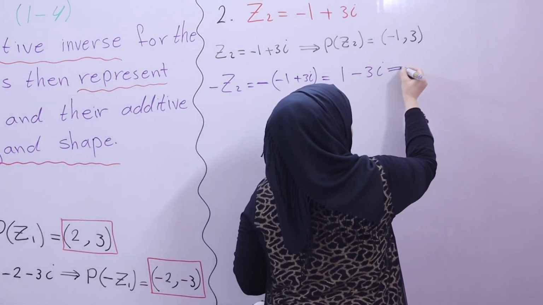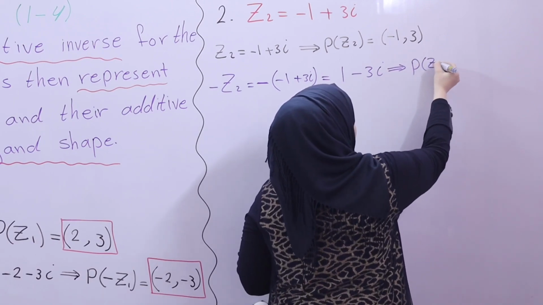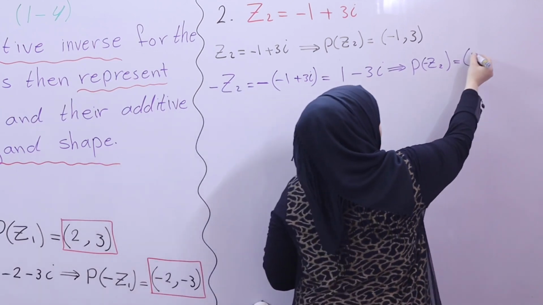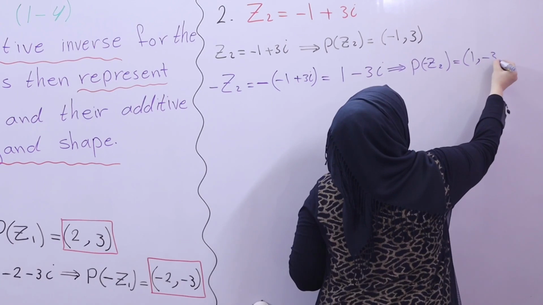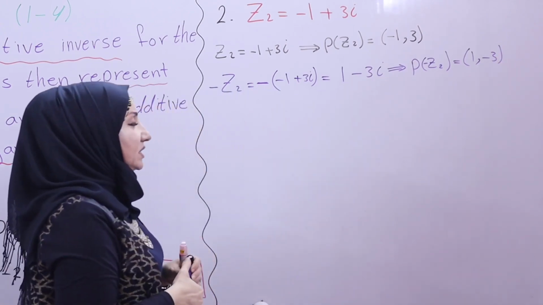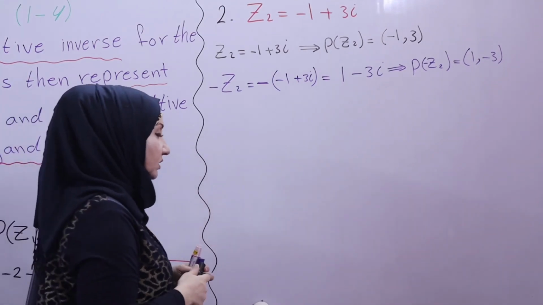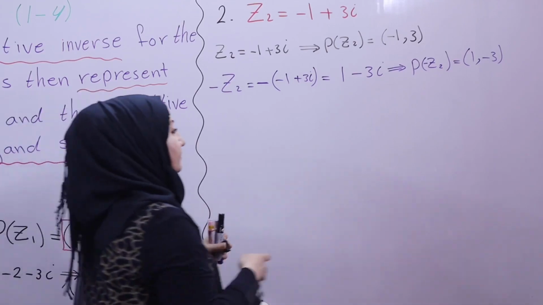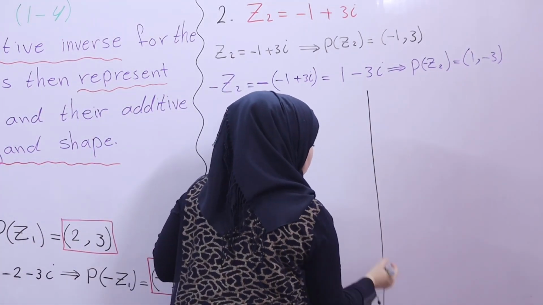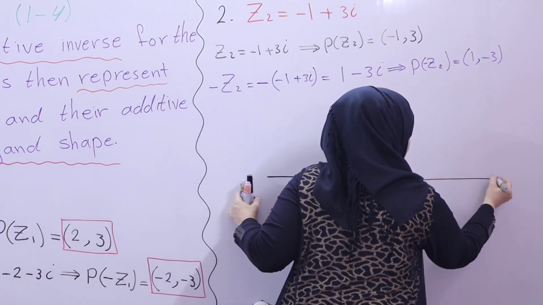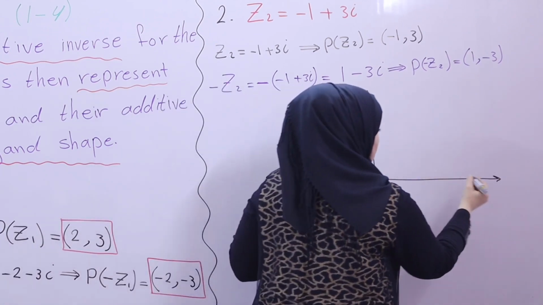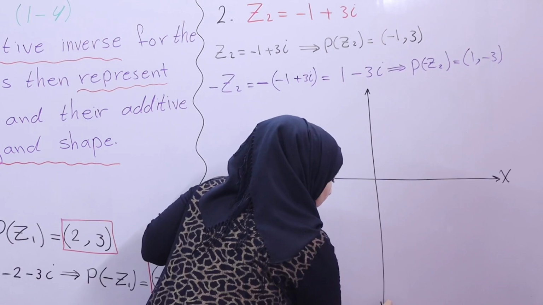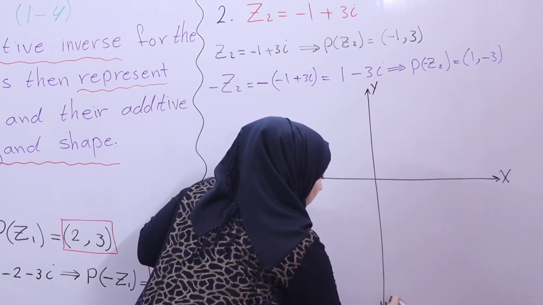So now we can write the point which represents the additive inverse for Z2, and it will be, the real part will be the x coordinate and the imaginary part will be the y coordinate. So now we can represent them in the coordinate plane. So we will draw it, this is the horizontal axis which represents x-axis, and the vertical axis which represents the y-axis.